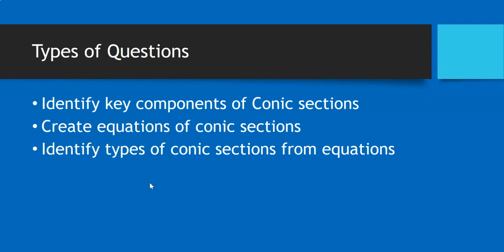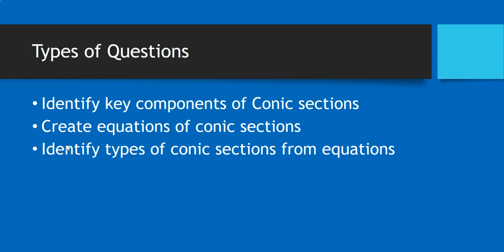Now, there's going to be three types of questions that we're going to deal with in this chapter. We're going to identify key components of conic sections. So we're going to be given these algebraic equations and be asked to identify some key components that are geometric parts of the conic equations.